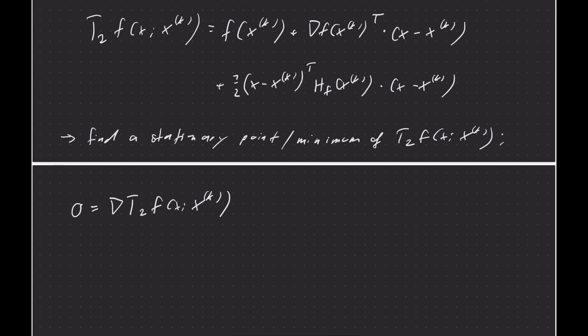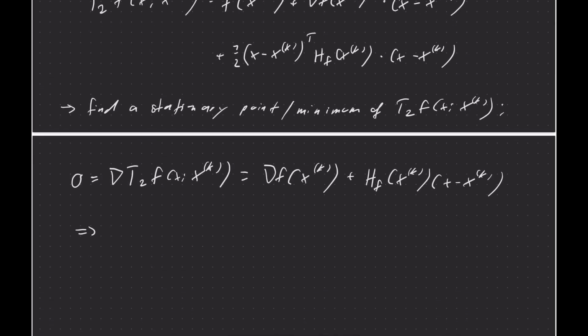So that gradient looks like this. What we get is the gradient of f at xk plus the Hessian of f at xk times x minus xk.